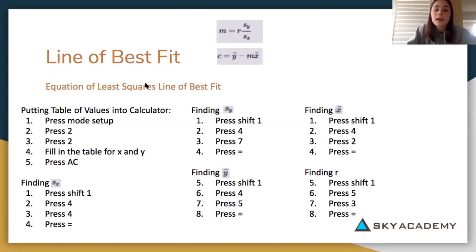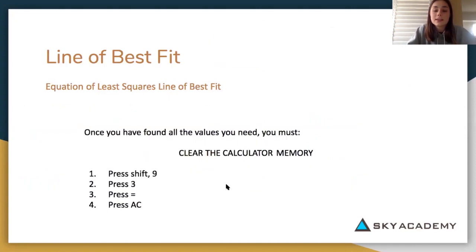And on our next slide is something very important. Once you have found all the values, you need to clear the memory. And that's by pressing Shift 9, and it will come up with these 3 options.